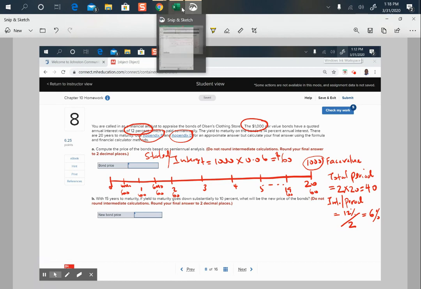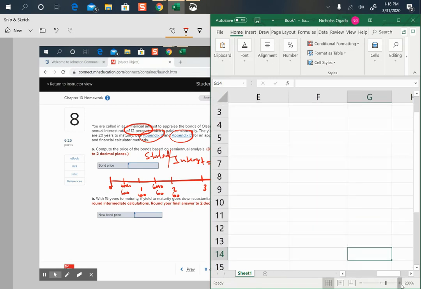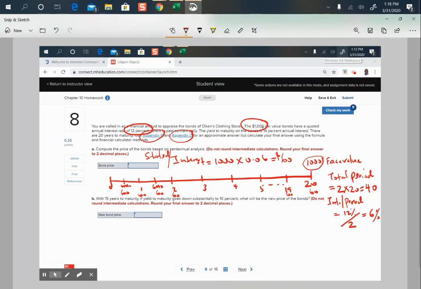So I will go to Excel. We are looking for the present value, and that is the price of this bond today at time zero. So what we're doing is basically discounting all these payments back to present, plus the $1,000 back to present, and then we add all of them together, and that will give us the value of this bond.